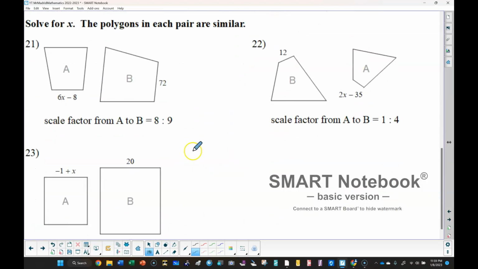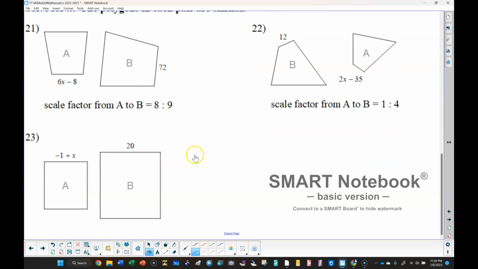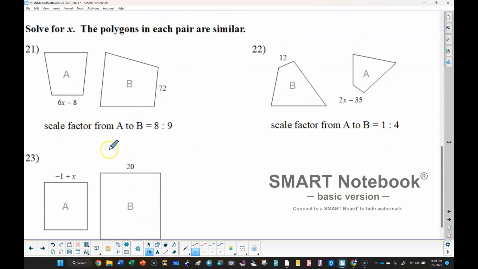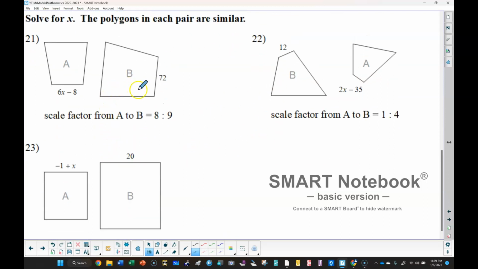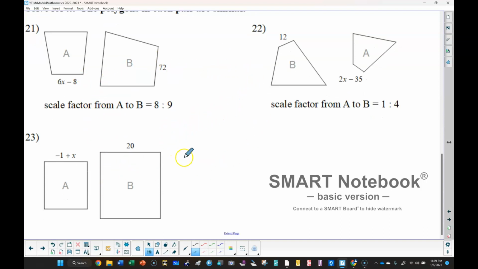So I'm going to stop there on that one. And the last problems will look like this, okay? These are the more advanced problems, but you're going to approach them the same way. So it says solve for x. The polygons in each pair are similar. Okay, so let's go ahead and pick, let's see here. Let me see which one of these is good.